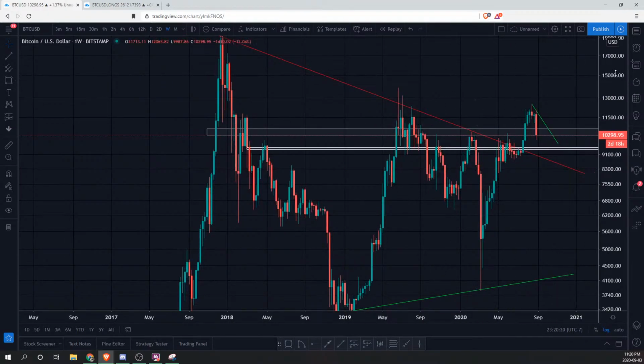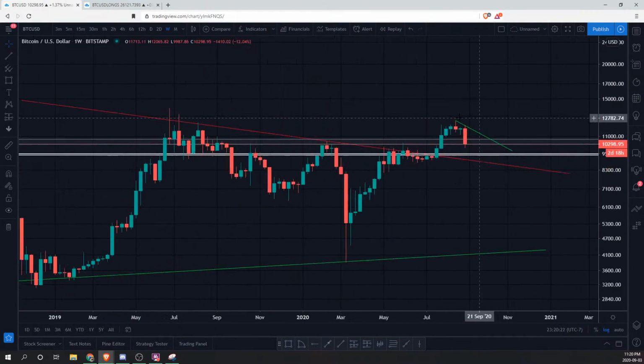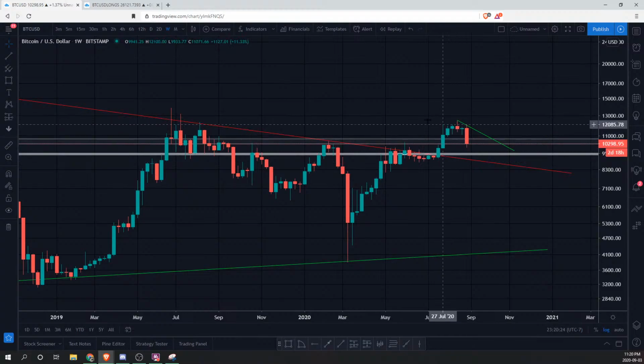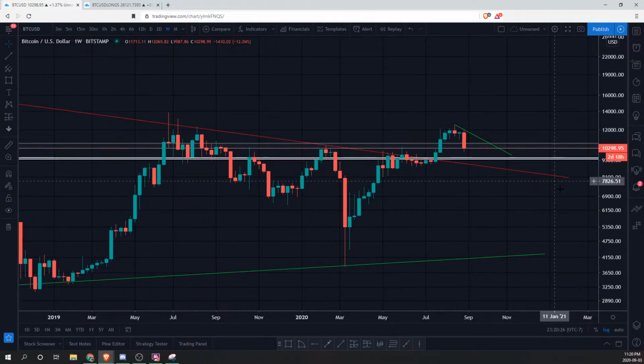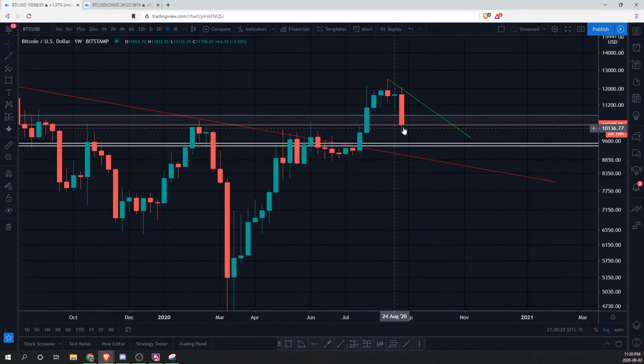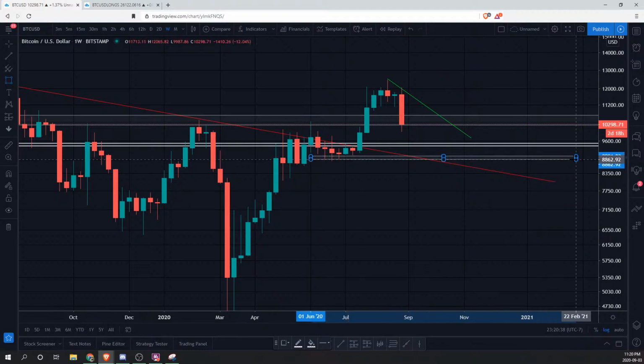So we can see that this is a large symmetrical triangle breakout. We see the impulsive push right here. This is the pullback, and we're going to see if it's able to hold the previous higher lows level. So we need it to hold above, let's say, 9K or 88.